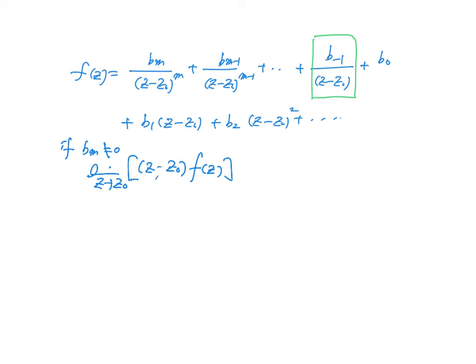If m is not 0, definitely m is greater than 1. What happens if we multiply z minus z naught by f z? This is m minus 1. And when you set z equal to z naught, what happens? It becomes infinite, right?